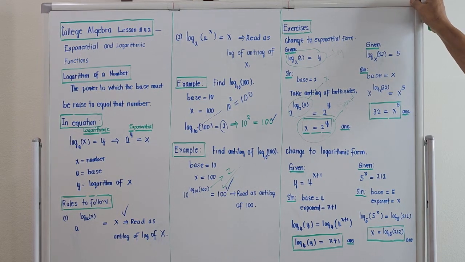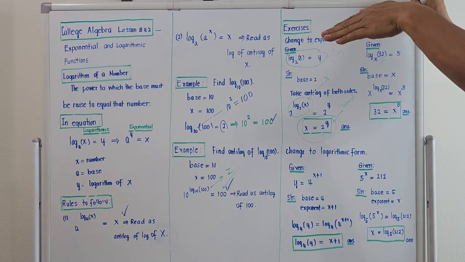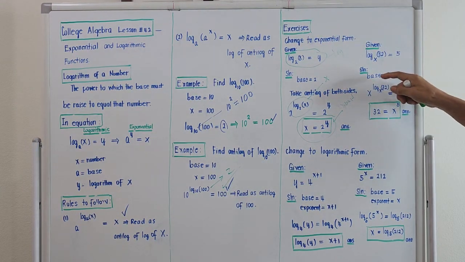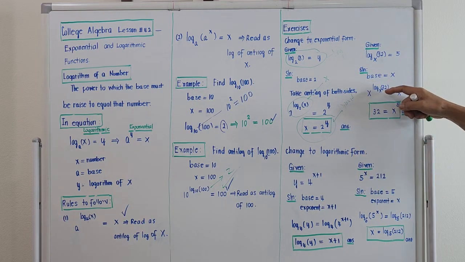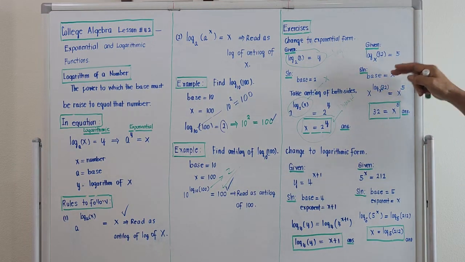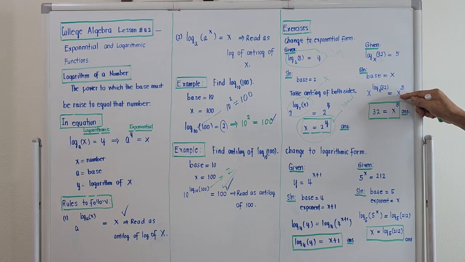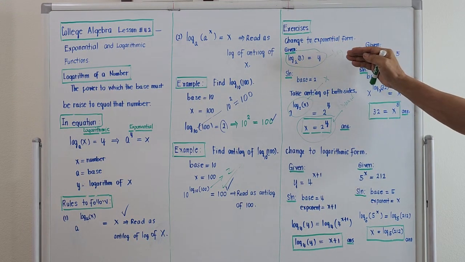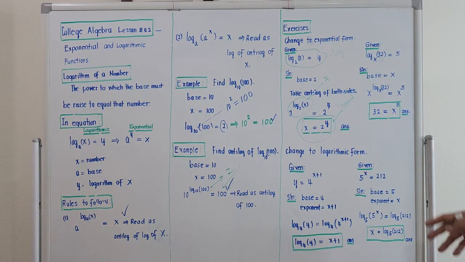So you always take the base, raise that to the given terms, right? For us to take the antilog. So if the base is x, x raised to the logarithm of the left hand side, the logarithm of 32 with the base of x should be equal to the right hand side, it will be x, okay, raised to the fifth power. What you will do on the left, do it on the right, okay?